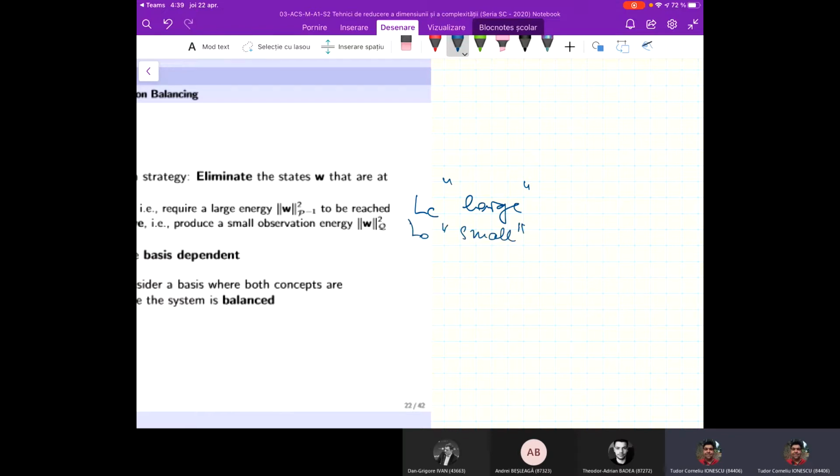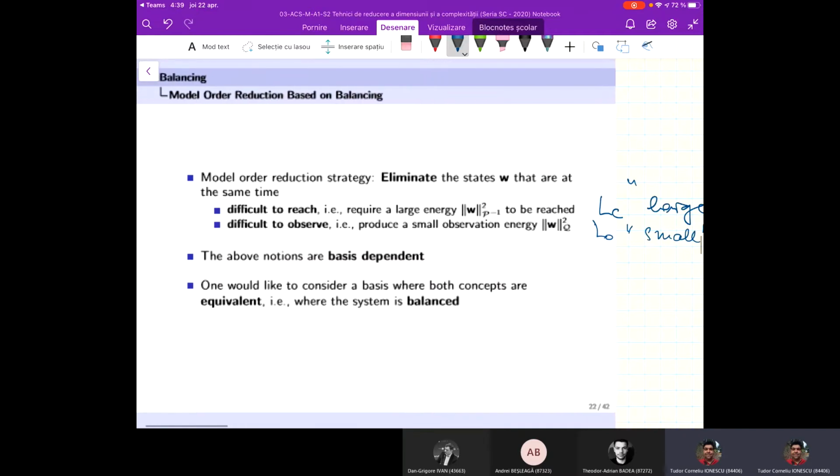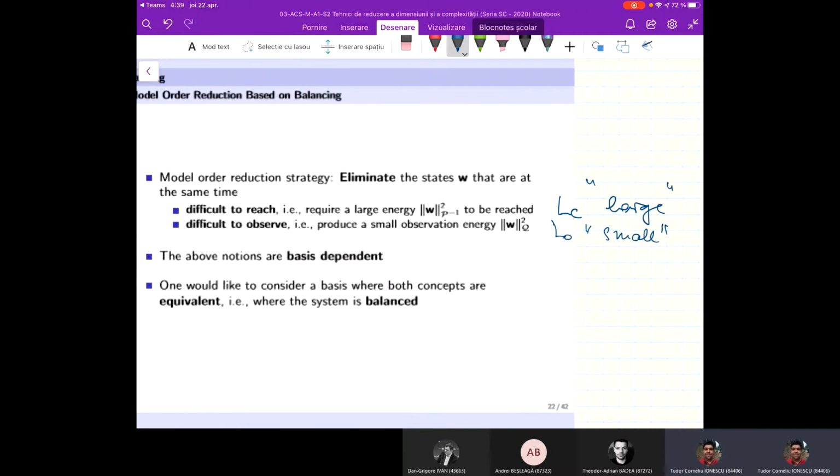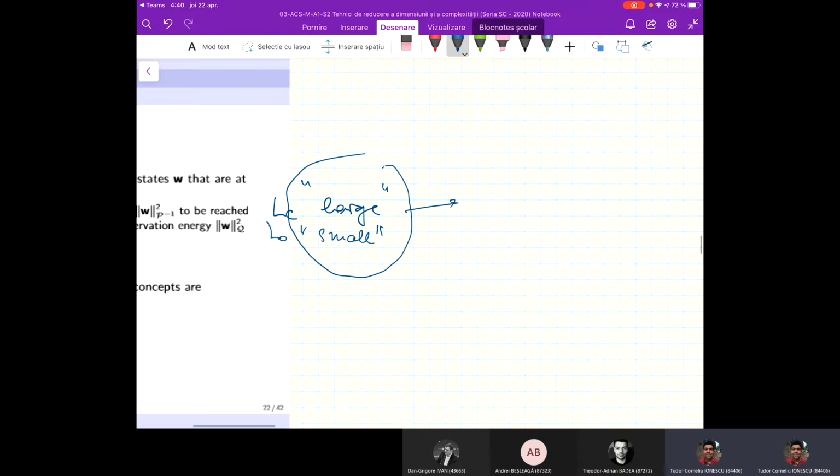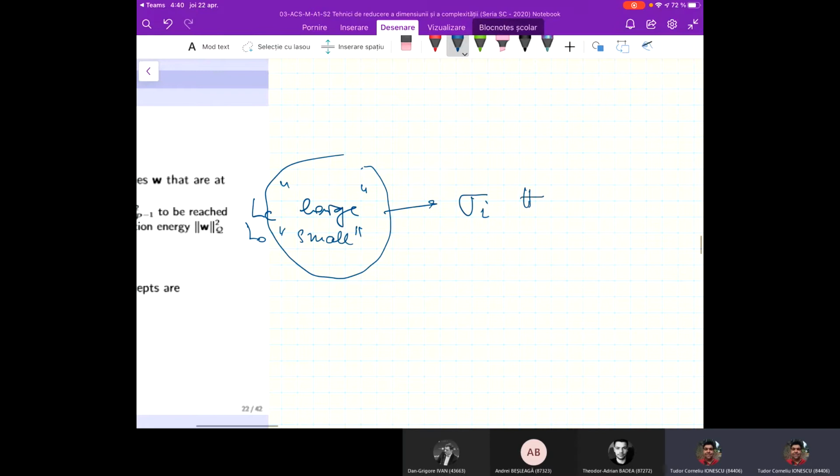Now, who is going to assess what large and small is? This is going to be assessed by sigma i, the Hankel singular value associated with the state xi.